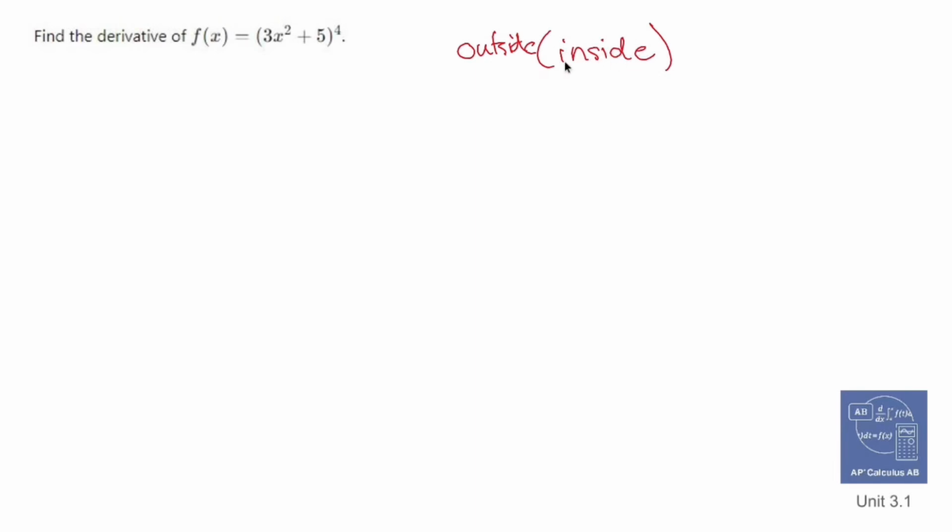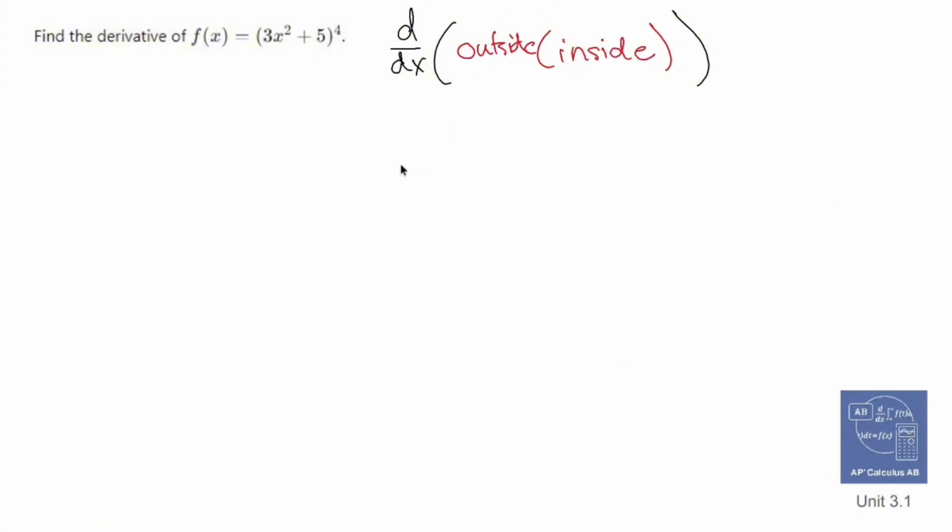Now, if I were to compare this to this, my outside stuff would be to the fourth power. My inside stuff would be 3x squared plus 5. So this is how I view the chain rule. I know different teachers and different professors are going to handle this differently. They'll have their U's or their V's or the F's and G's or whatever. But I like to view it like this.